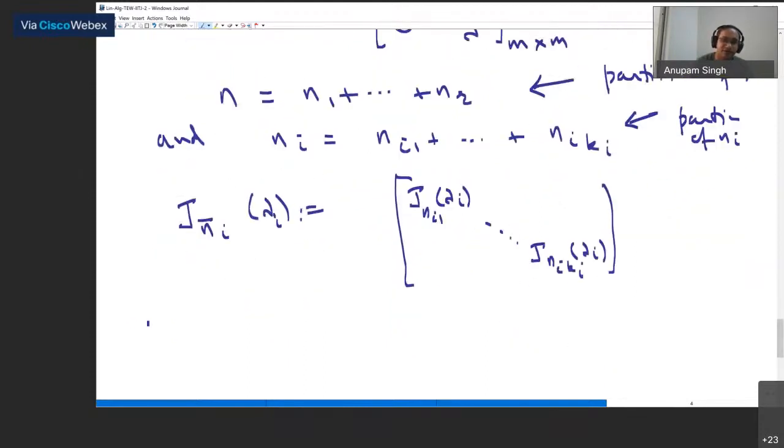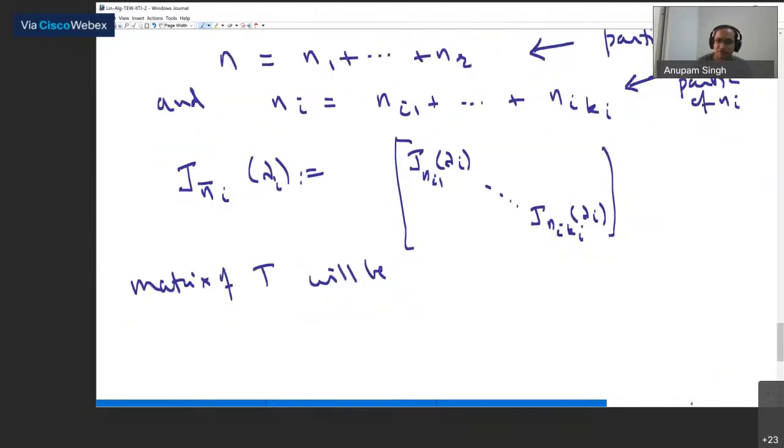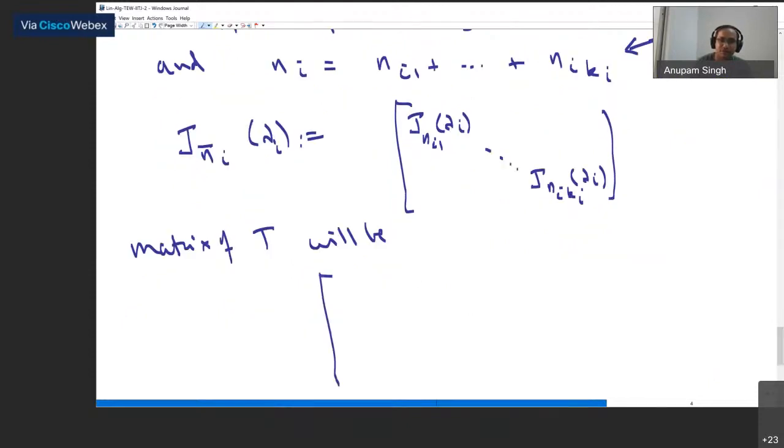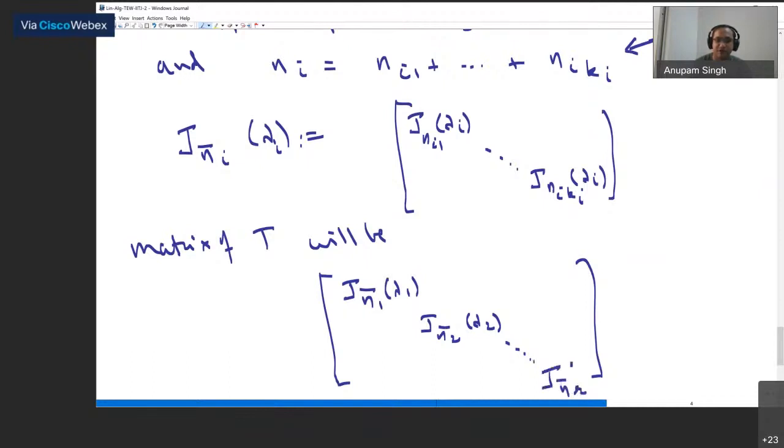So the final matrix, the matrix of T, will be, so this is how the matrix will look like: J n1 bar lambda 1, J n2 bar lambda 2, and so on, up to J nr bar lambda r.